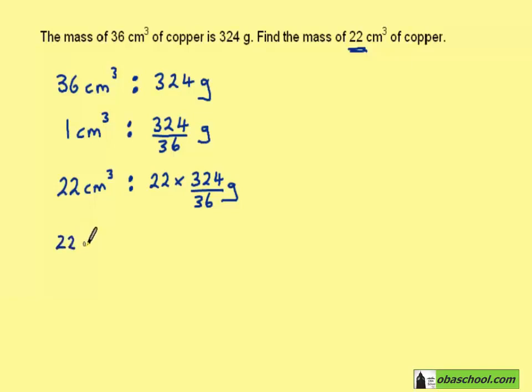So 22 centimeters cubed will be equivalent to, and calculating the right-hand side gives me, 198 grams.